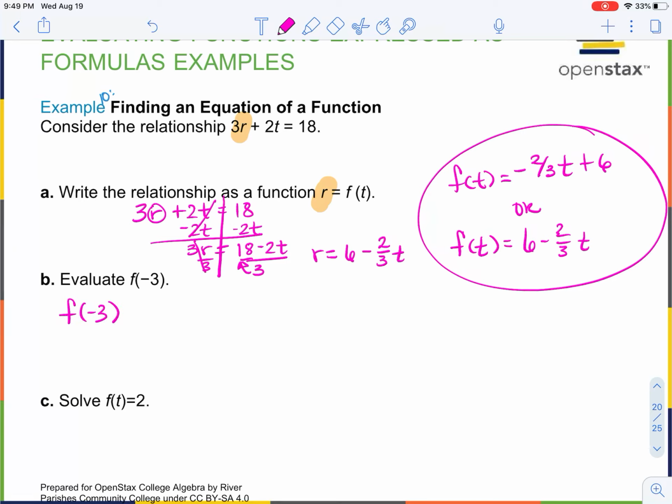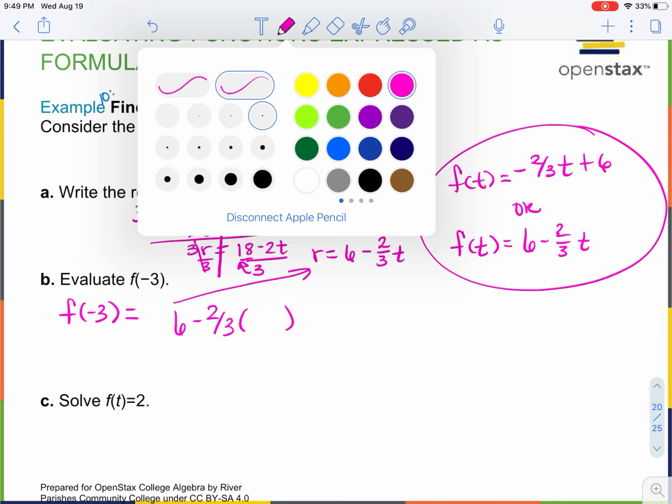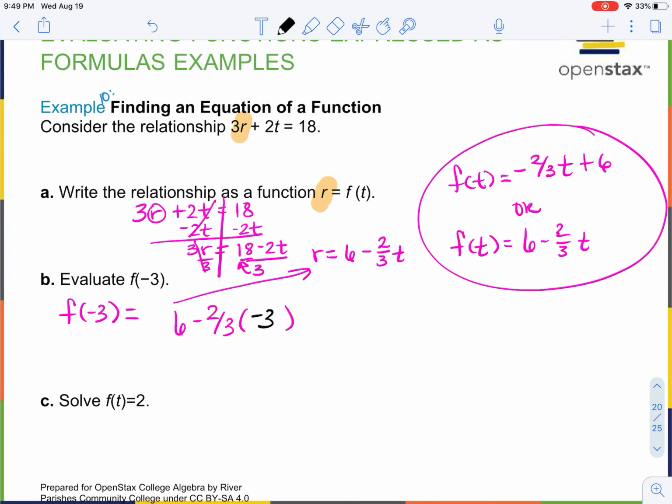So now when they say find the function at -3, you don't have to substitute it in here. You can actually substitute it into this right there. So 6 minus 2/3 times t, and t we're saying is -3.